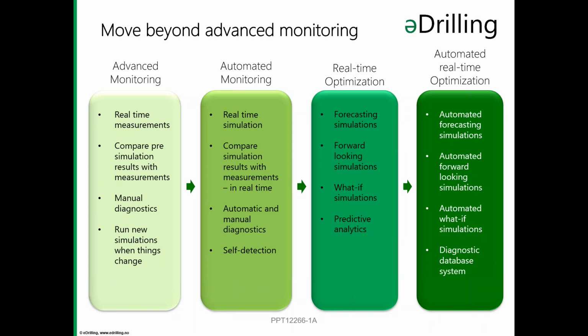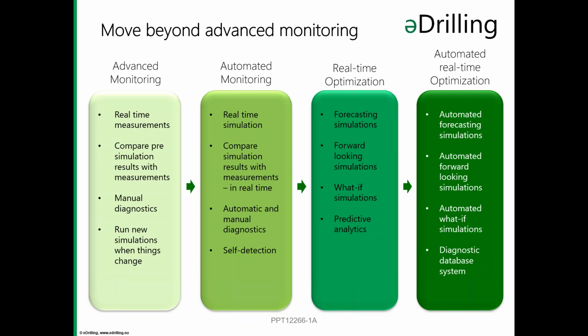Now, what we are currently developing is the automated real-time optimization, where we can have automated forecasting simulation for a very good overview of what's going to happen and how it will develop. Then you have automated forward-looking simulation, which is already running, and the automated what-if simulations.